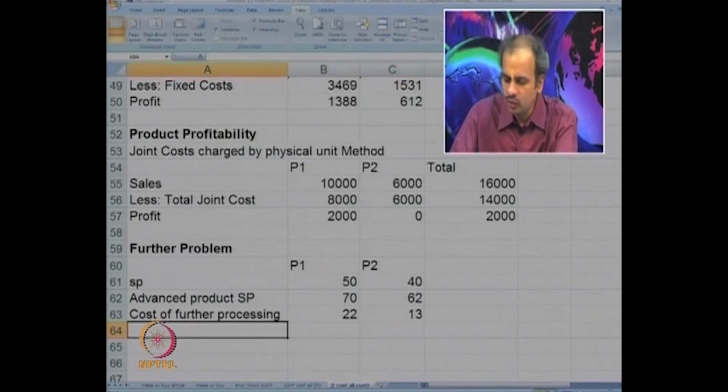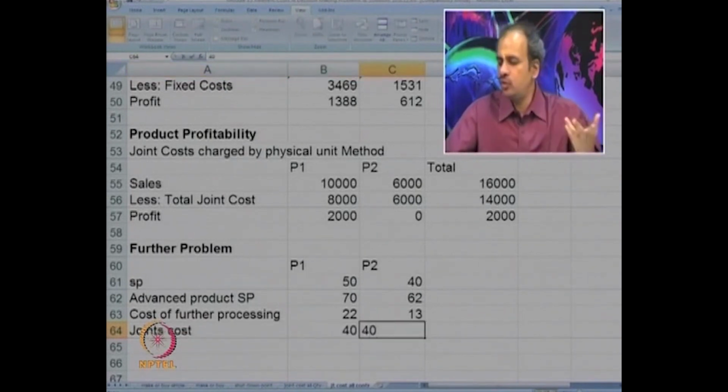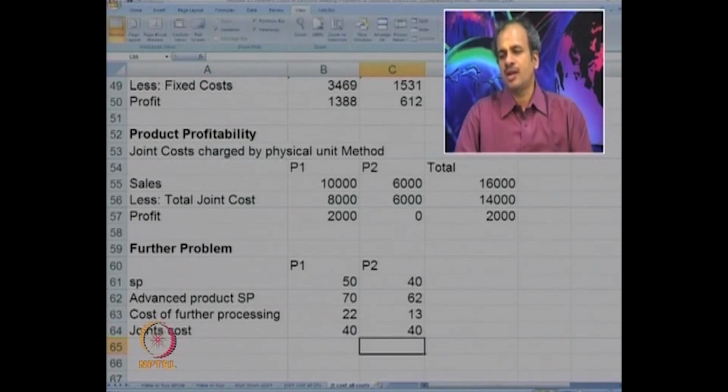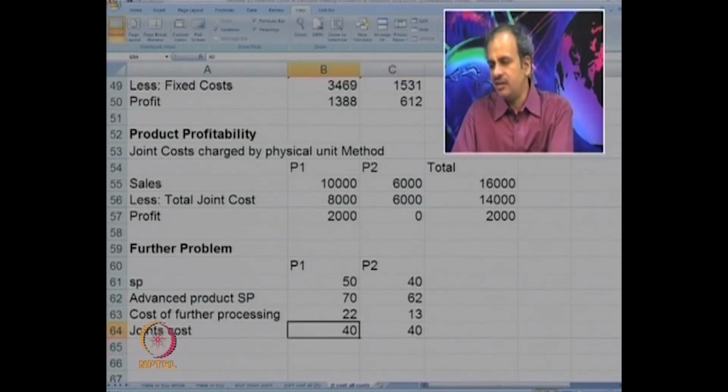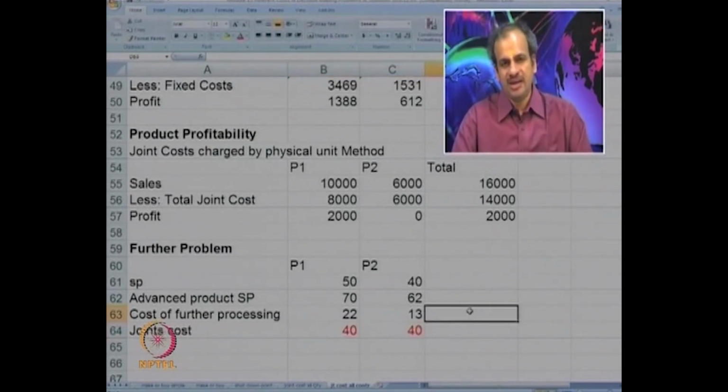And we already know that the joint costs are 40 and 40 if we use the physical unit method. So, shall we sell or not sell? For this decision, this 40 and 40 is totally irrelevant. We should ignore it because these costs are already committed.